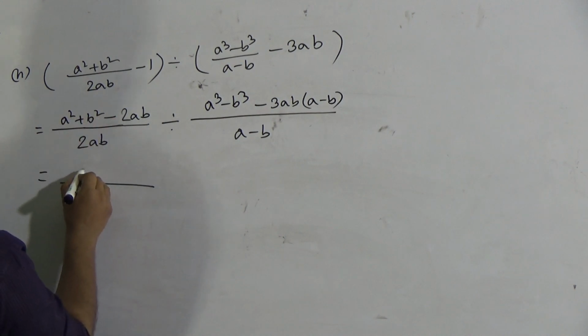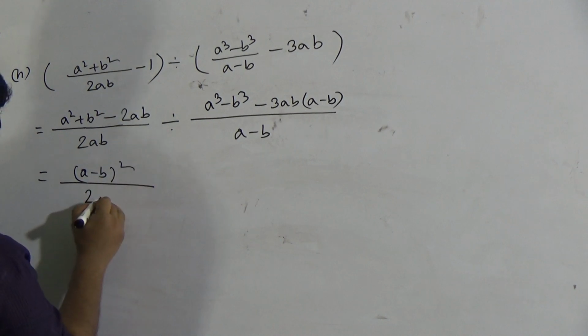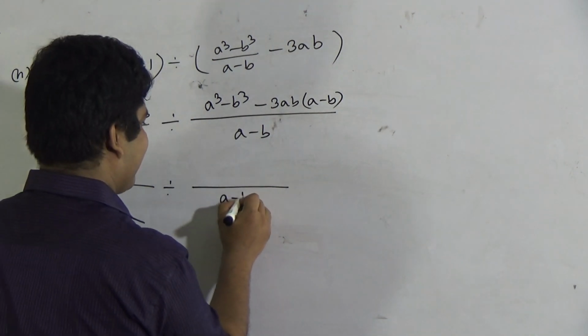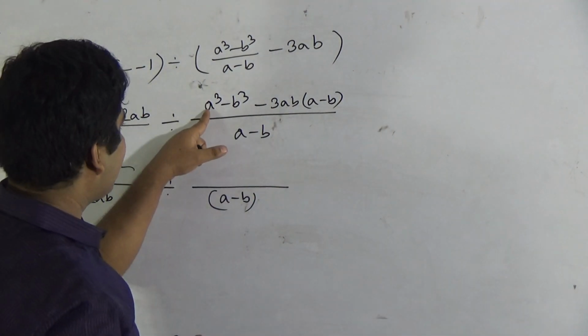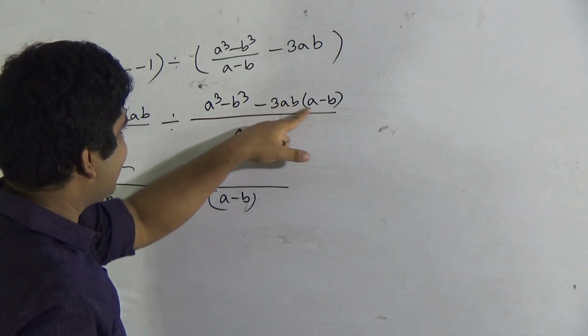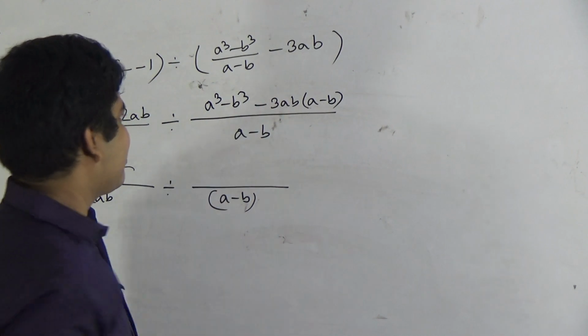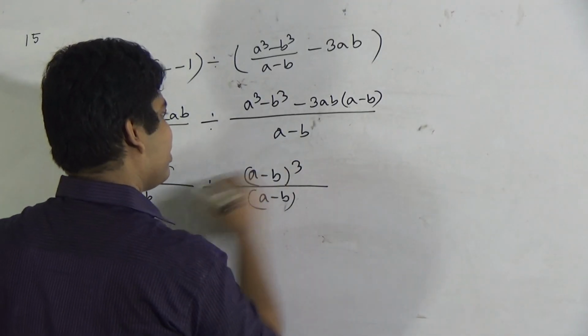So we can write from this (a − b)² by 2ab. Okay, divided by, it can be written as a³ − b³ − 3a²b. If we multiply, then plus 3a²b. So we can retain from this (a − b)³.